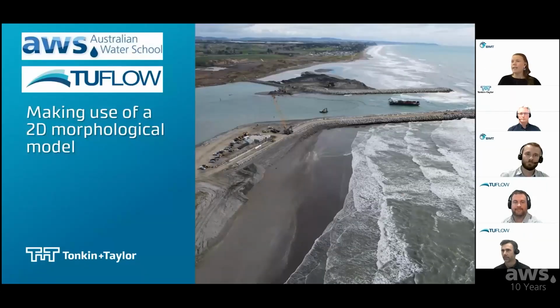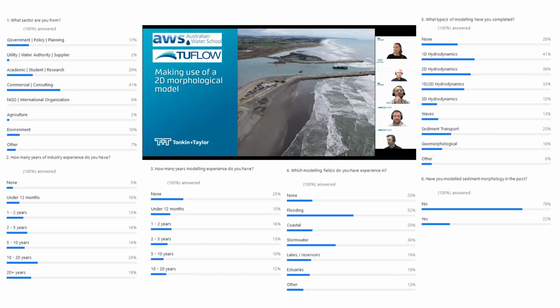So we'll have a look at our poll results, if they're going to come up there. Oh, yep, they popped up for me. So we have mostly people today from government and commercial consulting areas and some from academia as well.